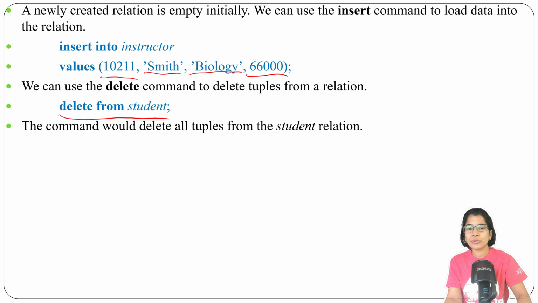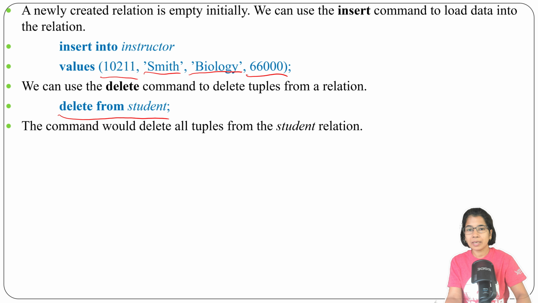We can also use the drop table command. Drop will delete all the tuples along with the schema. So after that if you search for the schema you will not get it, because drop will delete everything: the structure, the tuples, everything. Whereas delete will only delete the tuples.